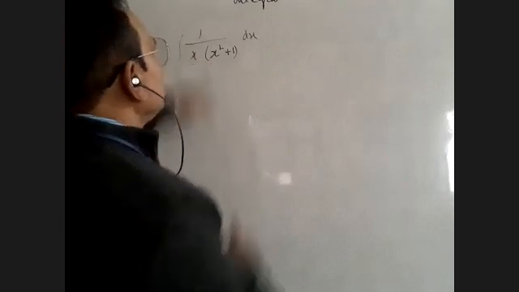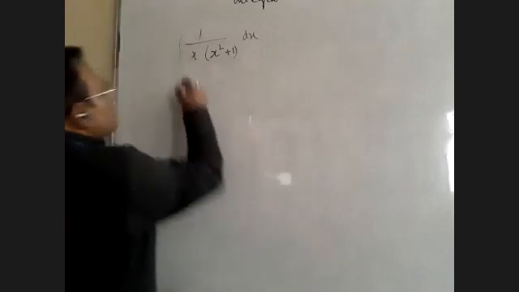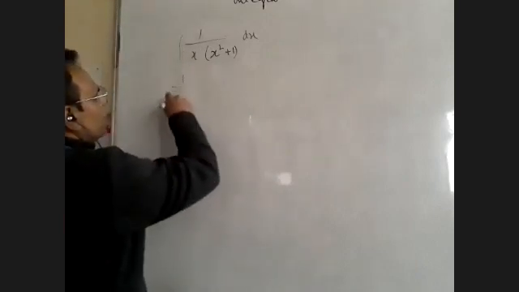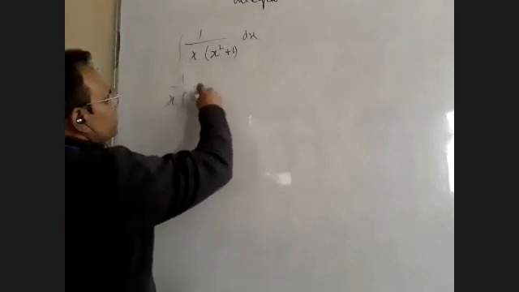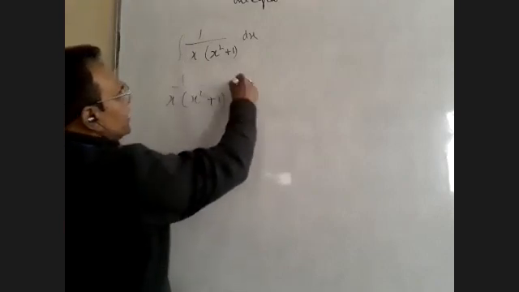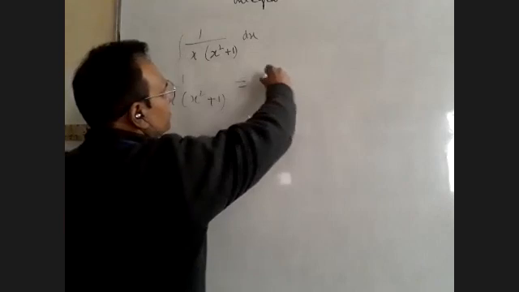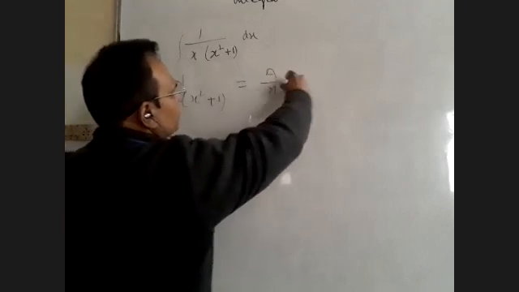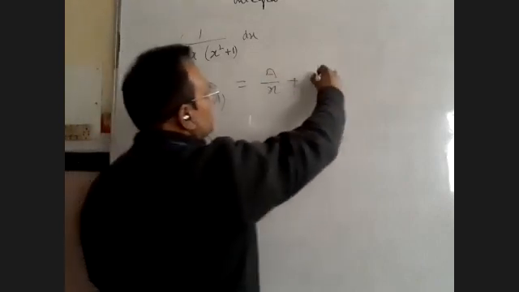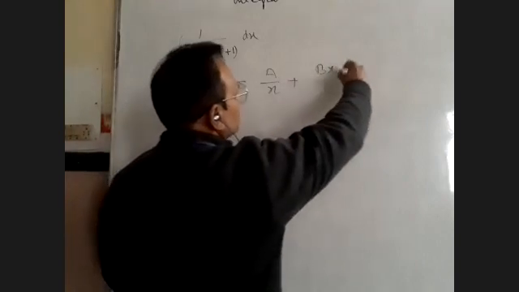Whenever we do the partial fraction of 1 upon x and x square plus 1, we assume A upon x, and for x square plus 1 we assume Bx plus C.